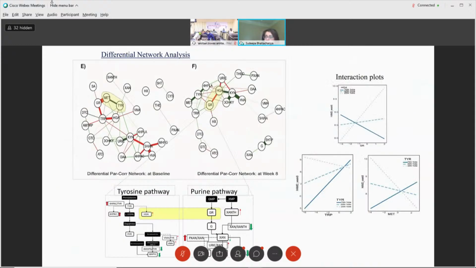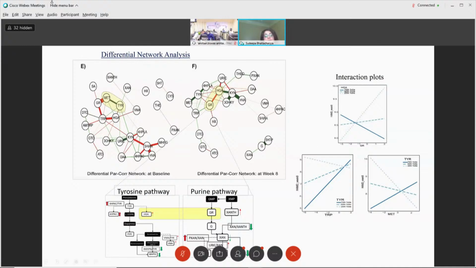So we thought, okay, we are studying the metabolites or the metabolite ratios one at a time. How about the metabolite interactions? Are these associated with change in depression at all?